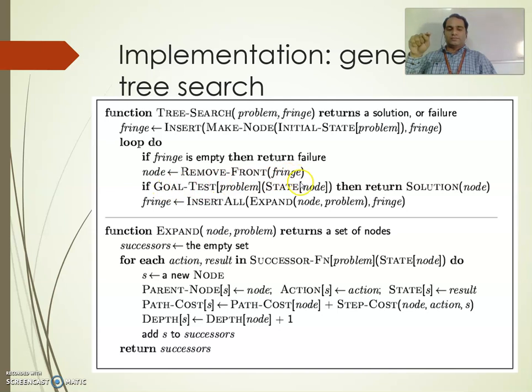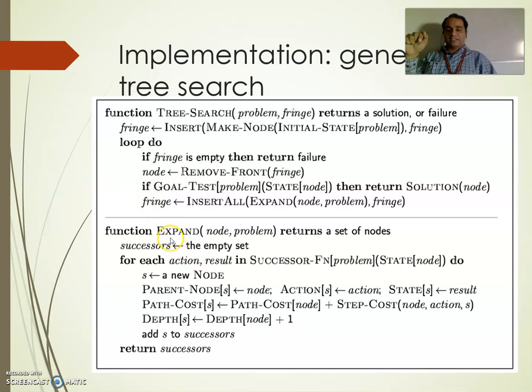If the goal test is true, that means I have reached my goal, then I can return the solution up to that node. Else, what should I do? I should expand. So give this node to the problem and expand it. After expanding, whatever nodes you are getting, you have to add them to the fringe. So insert all to the fringe. This is how the fringe gets updated.